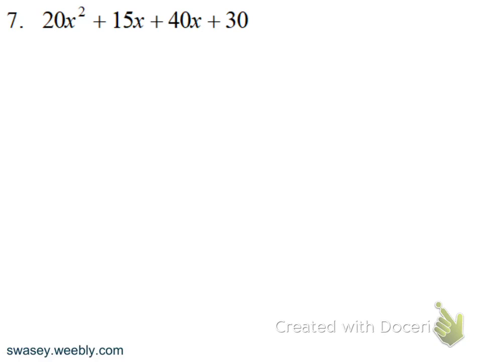You always should be looking for a greatest common factor. So here we do see a greatest common factor of 5, so let's factor that out. So divide everything by 5. You get 4x squared plus 3x plus 8x, excuse me, plus 6.